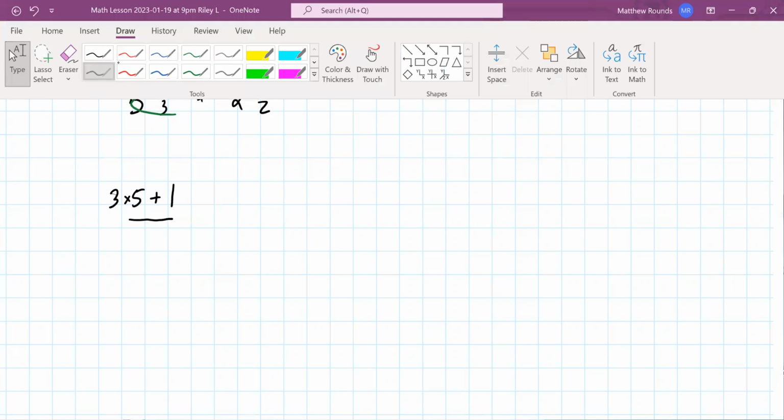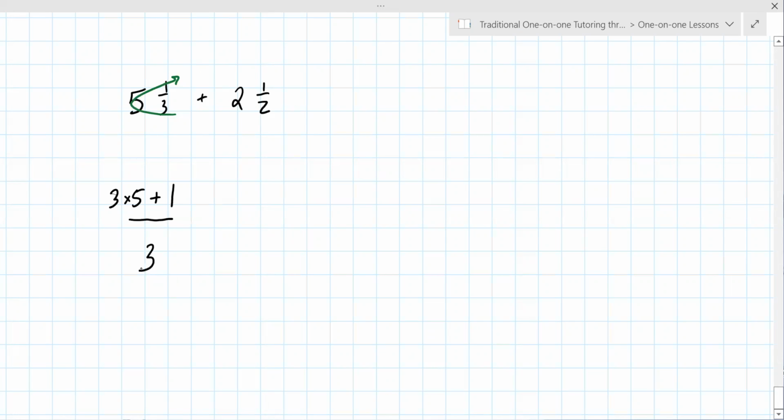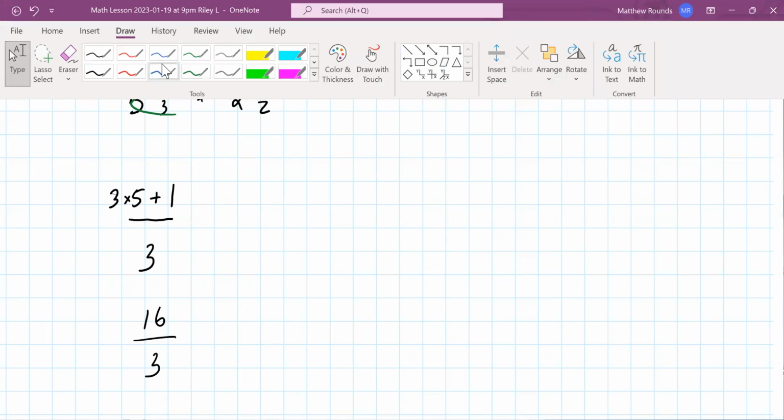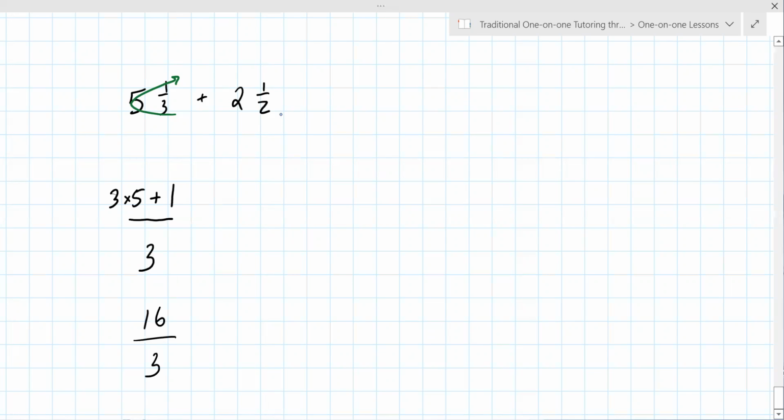And then you keep the bottom number. So it would be 16/3. Same thing on the right here. It's the bottom number times the number in front plus the top number. So that one would be 5/2.